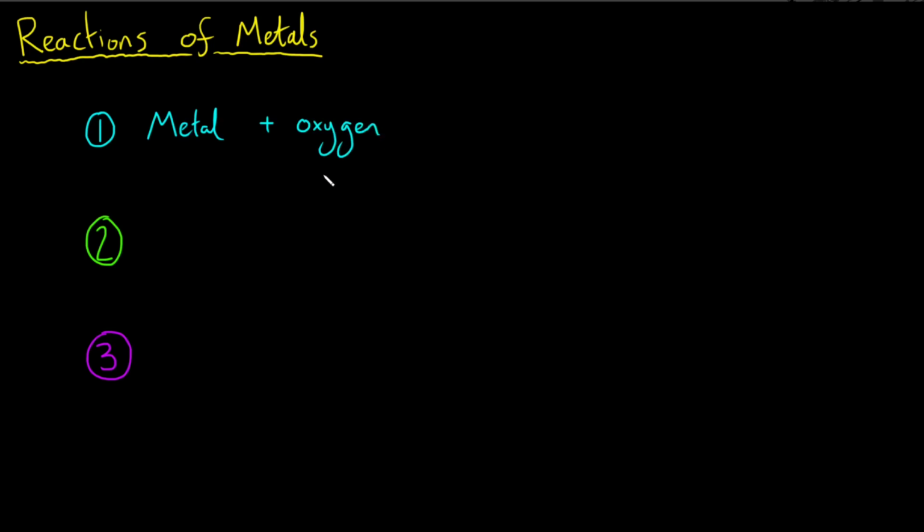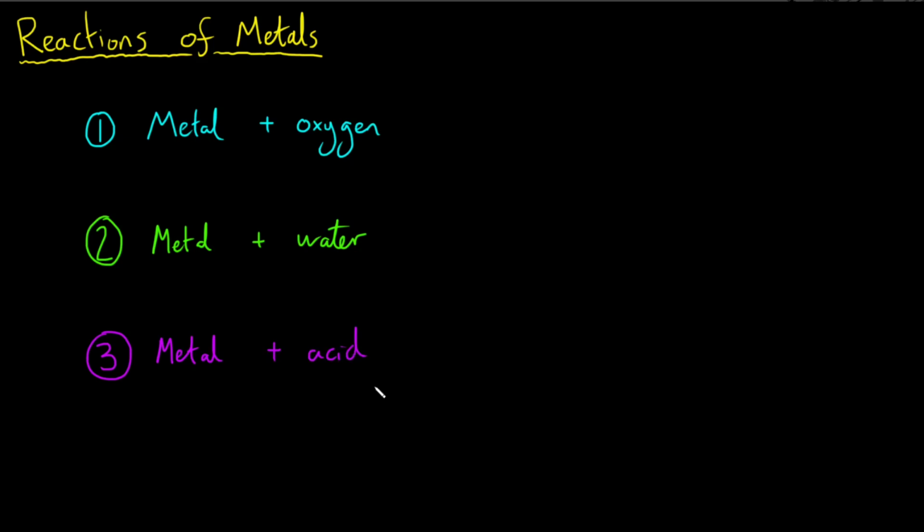The second reaction of metals that we need to know is when we take a metal and we react it with some water. And then the third reaction of metals that we need to know is when we take a metal and react it with an acid.